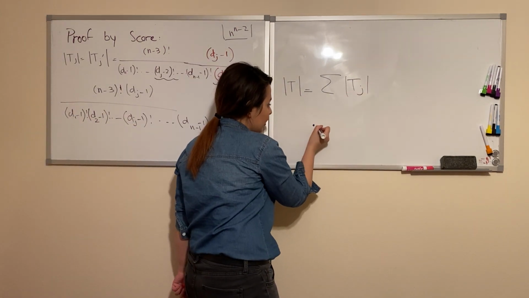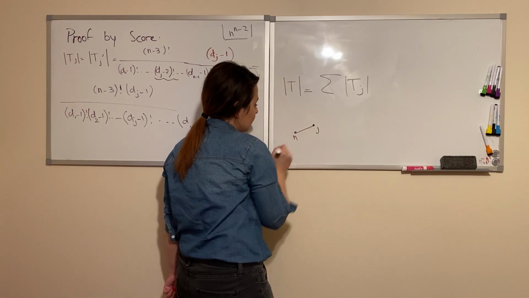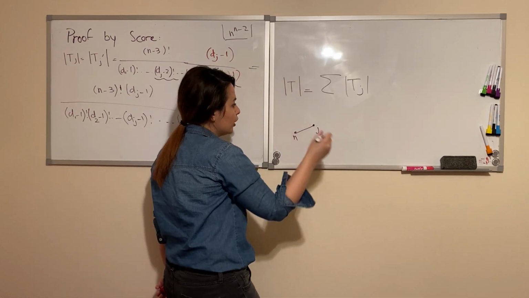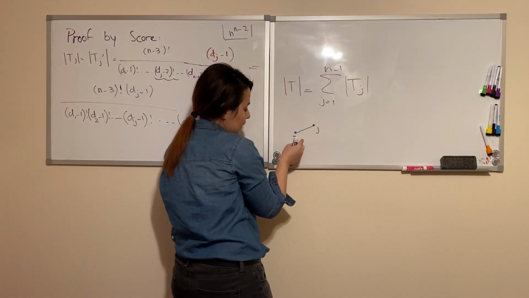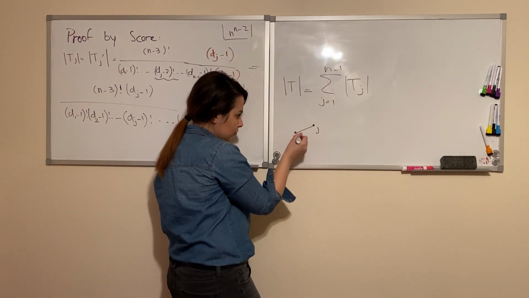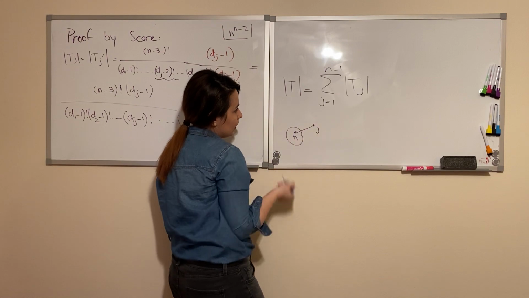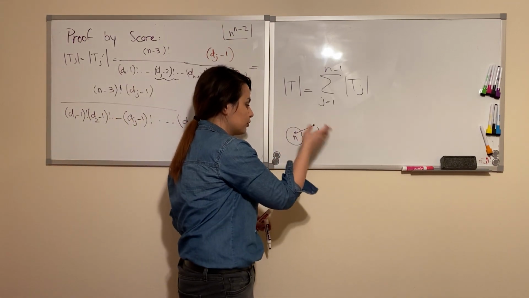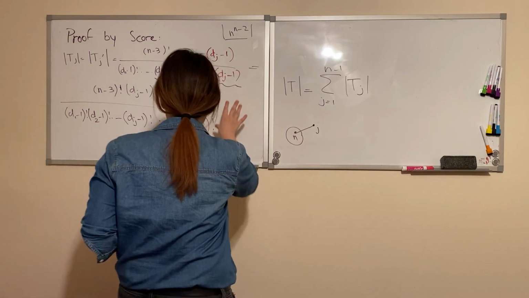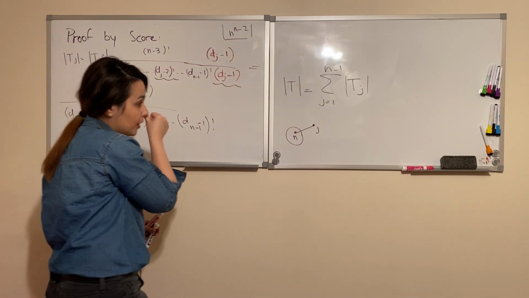It was the one that was connected to n. So it can be 1 to n minus 1, right? I can have that vertex n connected to any other one. So for that arbitrary j, we computed that number using the induction hypothesis.